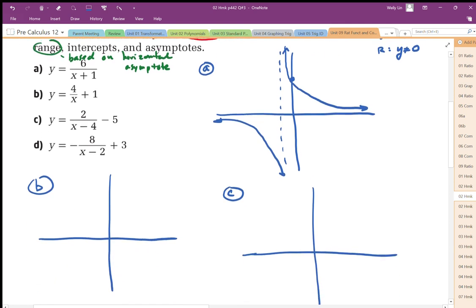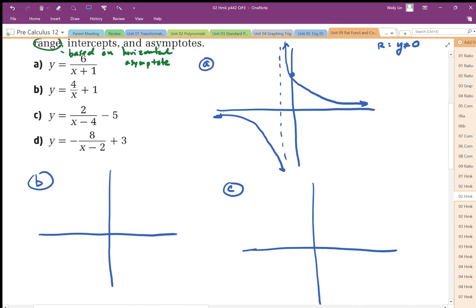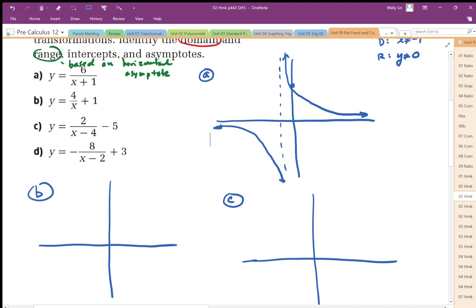So for question B, we again want to find the domain, range, and asymptotes. If we take a look at B, when x is 0, we have a vertical asymptote. So we're going to have a vertical asymptote at 0. And as x gets large, this term here will go to 0. So the plus 1 will give us the horizontal asymptote.